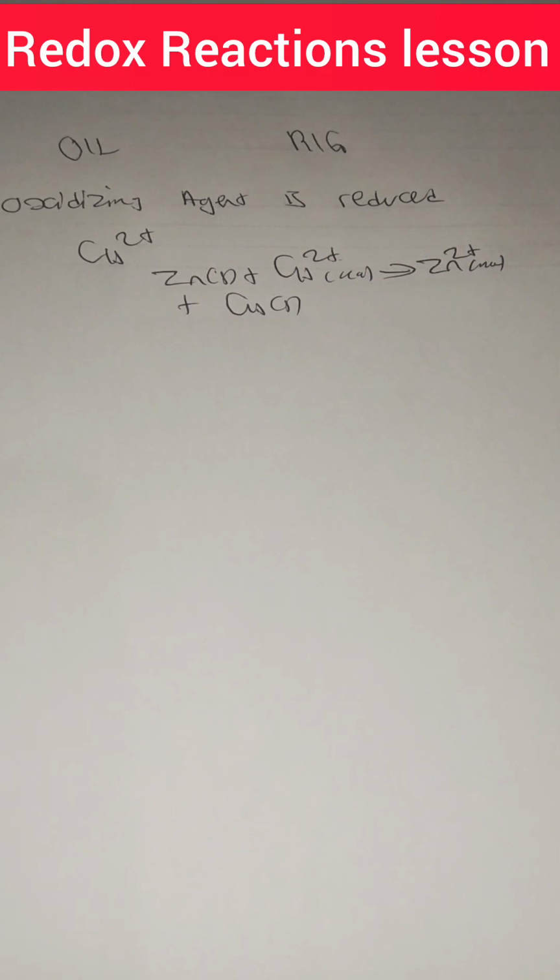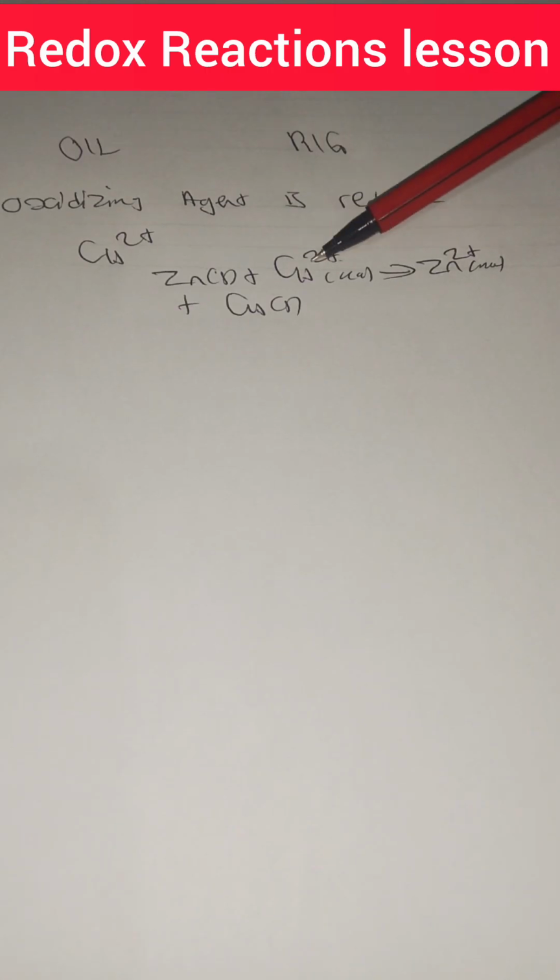And you can confirm with me, like I said, oxidation is loss of electrons. Now when you look at copper 2 plus, it hasn't lost electrons, it has gained electrons. So what has happened to copper 2 plus? It's not oxidation, it's reduction.